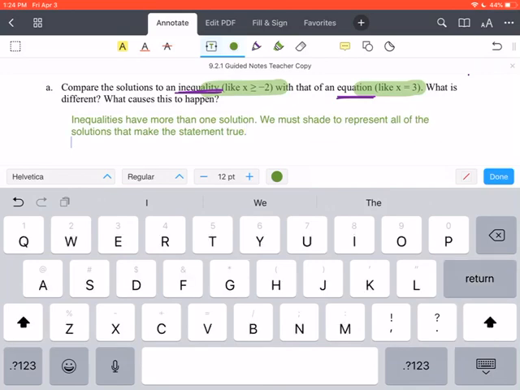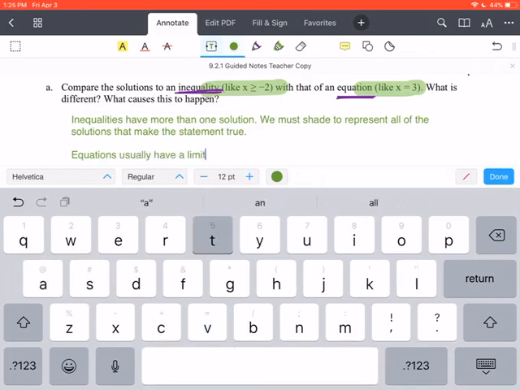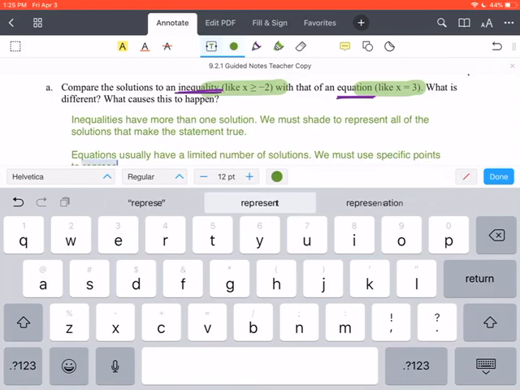But if we think about an equation, we see that equations usually have a limited number of solutions. Because of that, we must use specific points to represent those solutions.